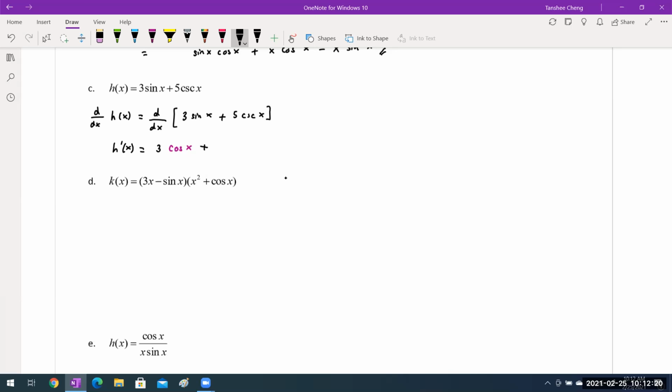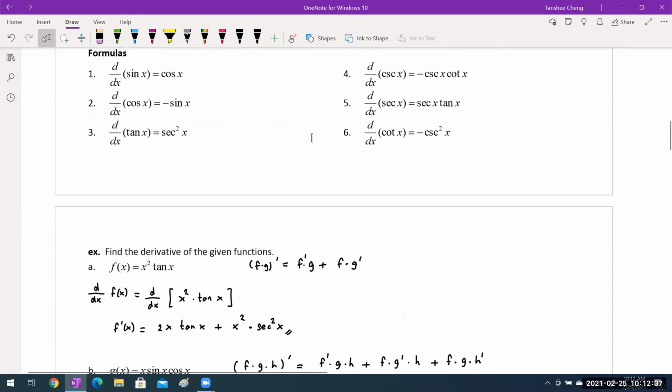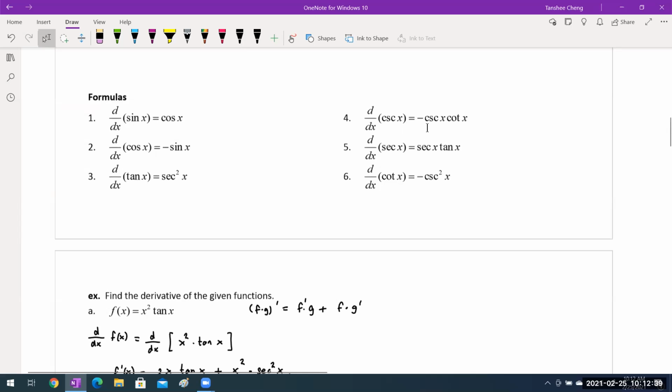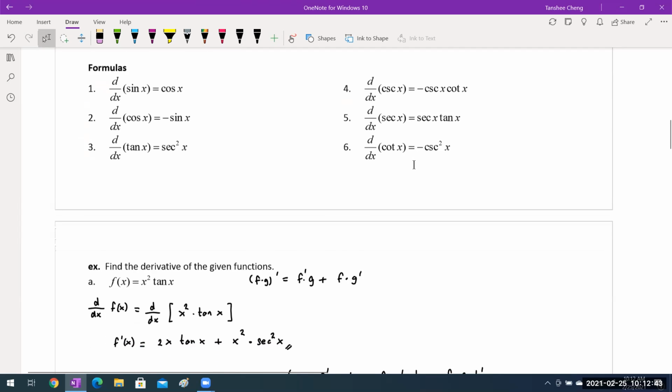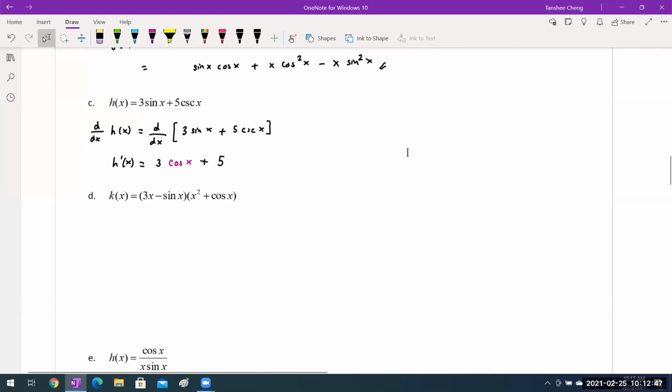Plus, for the second term, 5 is a constant, so I can leave the 5 out. And we can think about the derivative of cosecant x. The derivative of cosecant x is negative cotangent x. Is that right? Or negative cosecant x cotangent x. So whenever you feel not sure, you can always go back and check.